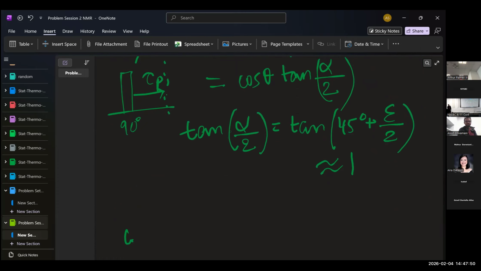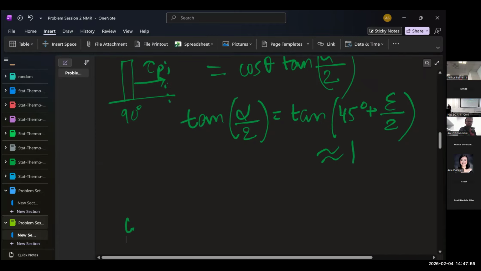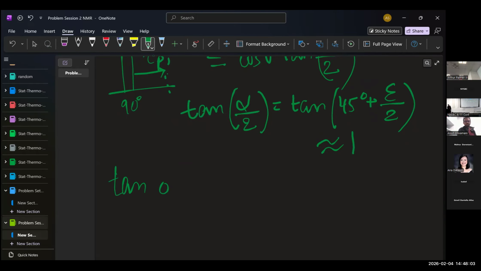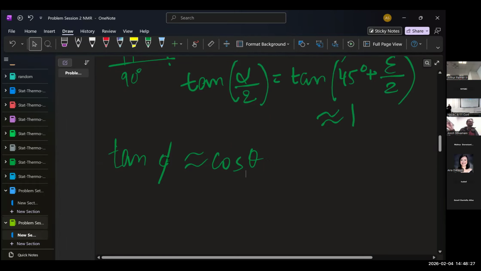Then we get that the phase, for small phase errors, and I'm not sure how familiar people are with Taylor expansions of trigonometric functions, one of the things that you could do is for small angles, a number of trigonometric identities operate.